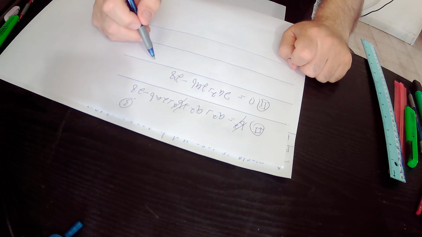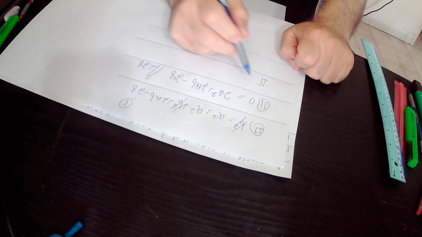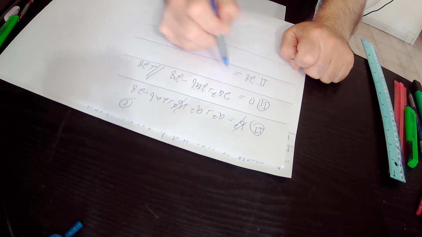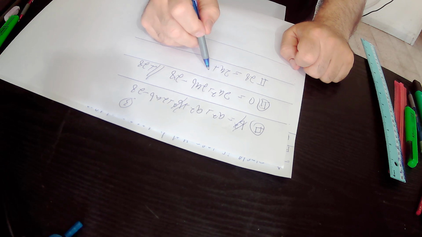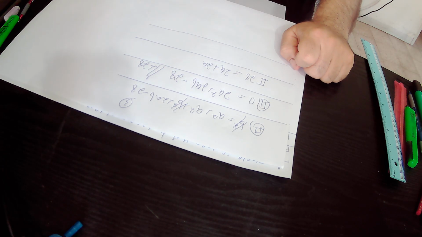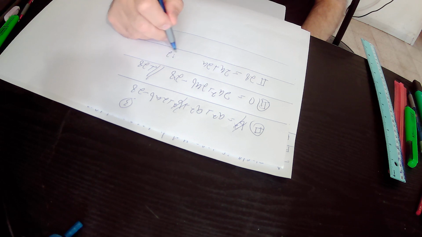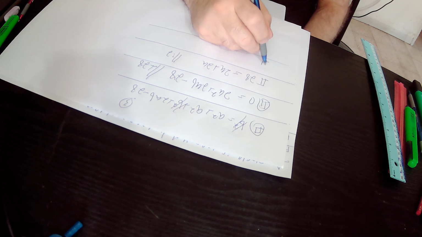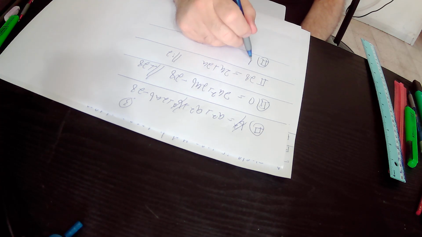So if we add 28 to this equation 2, we get that 0 plus 28 is 28, which equals 2a squared plus 2ab. Here we divide equation 2 by 2, and finally we get that, according to equation 2, 28 over 2 is 14.